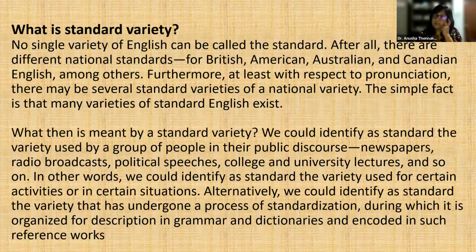Okay. Another one. What is standard variety? Now we talk about different languages and dialects, so is there something called a standard variety? Even in Sri Lanka, there was a time when the education system and even the people believed British English is the best.